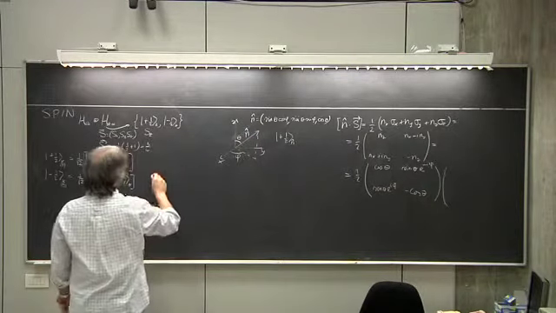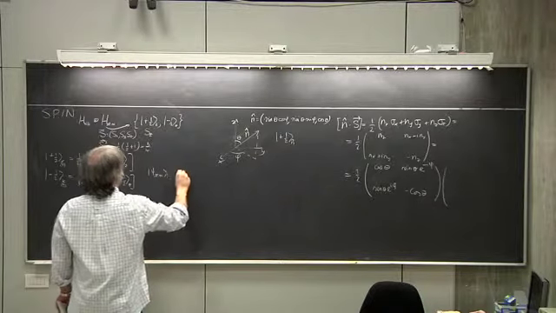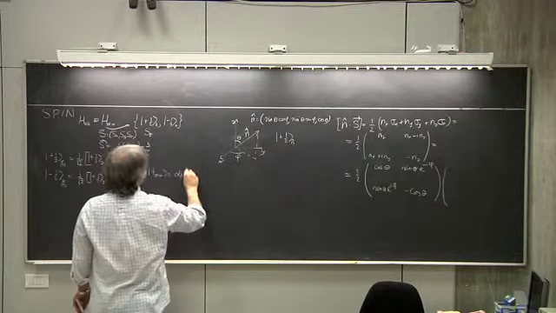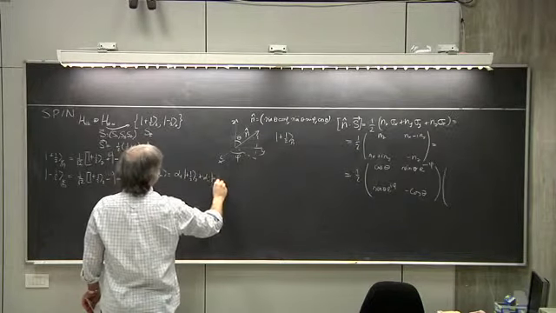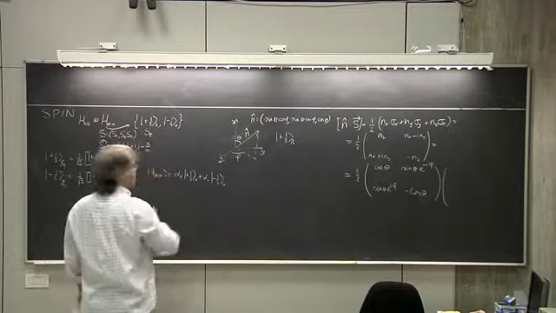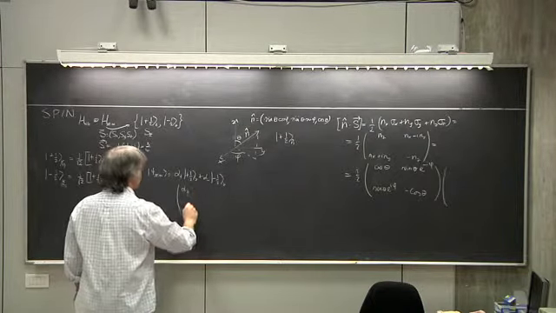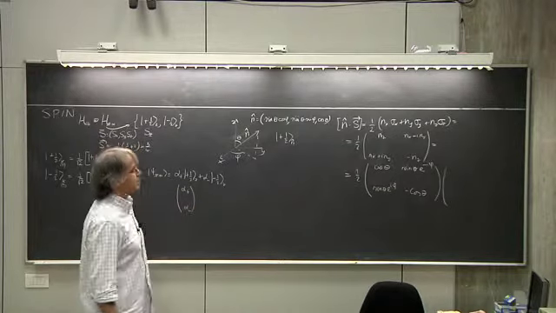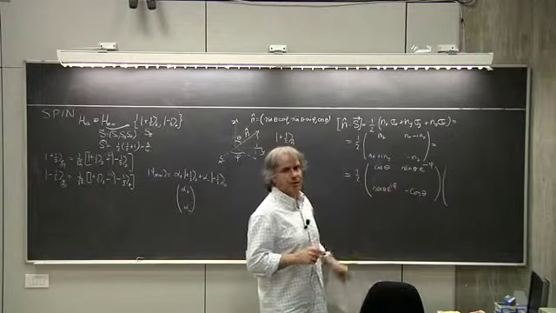So you know that I write any spin state as alpha plus the plus 1/2 plus alpha minus the minus 1/2, or in the vector notation it's just alpha plus, alpha minus, and in the same notation the operators become just 2 by 2 matrices like this.